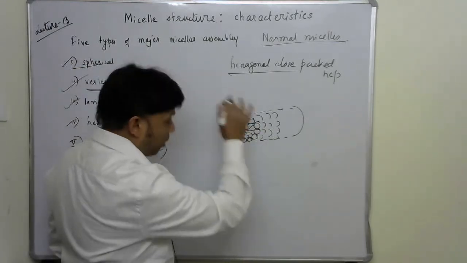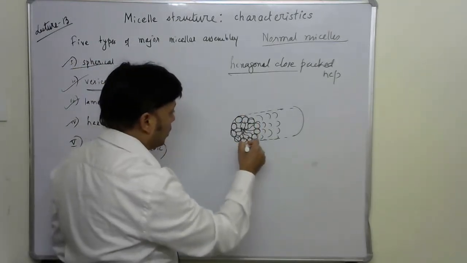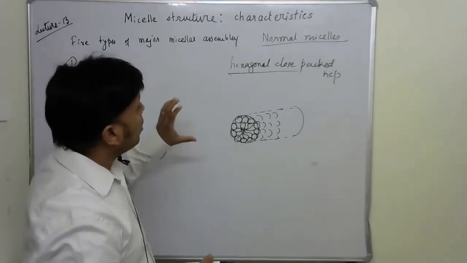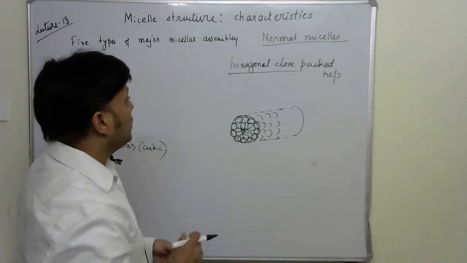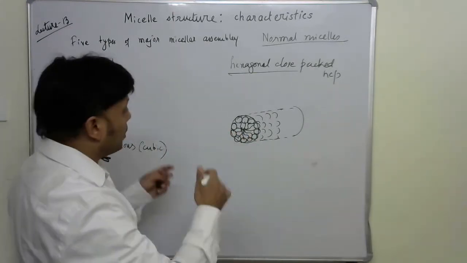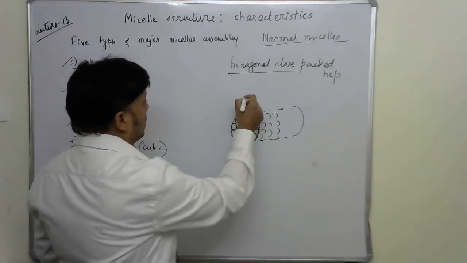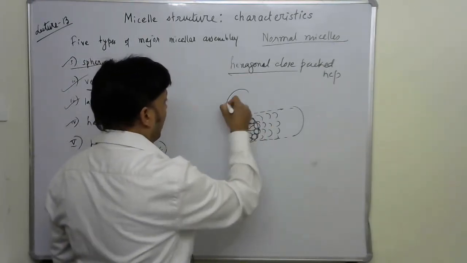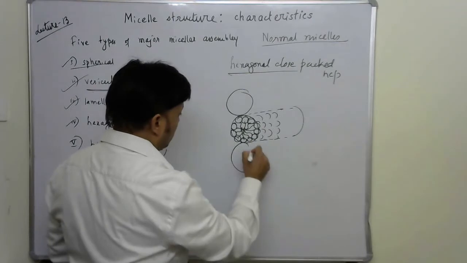And if we take the cross section of it, we can see this circular cross section. So the circular cross section resembles the cross section of the spherical micelle. But where is the hexagonal close packing?